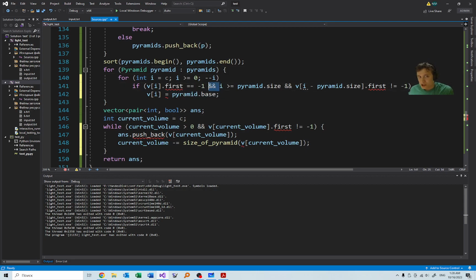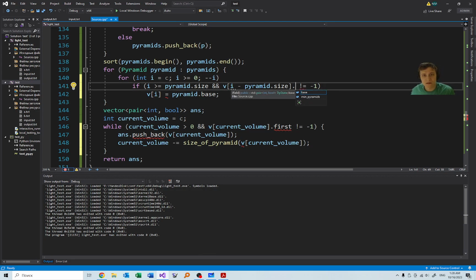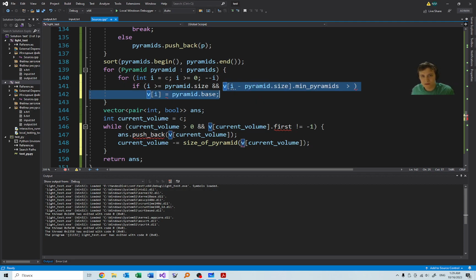So we do not check, of course, that i is -1. We of course check that i is at least the pyramid size. We also only need the replacement if our current answer is greater than the answer after the transition.